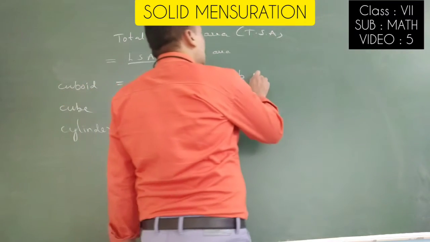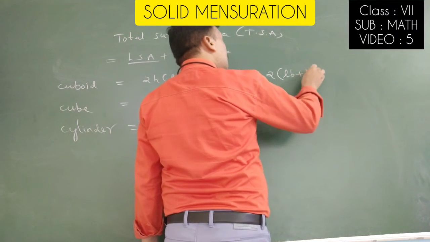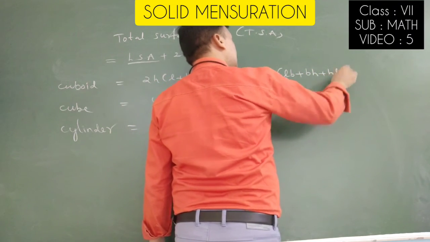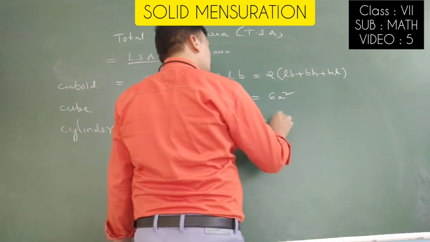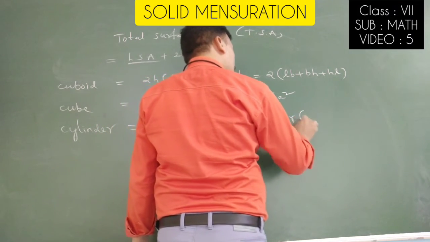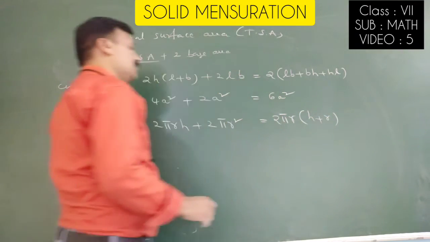After simplification, for the cuboid 2 of LB plus BH plus HL, for the cube 6A square, and for the cylinder 2 pi r of H plus r, or r plus H.